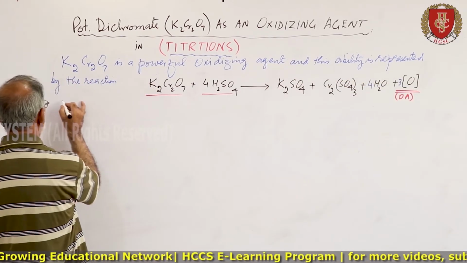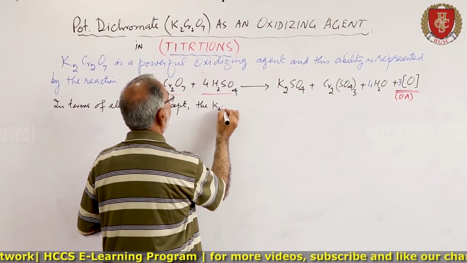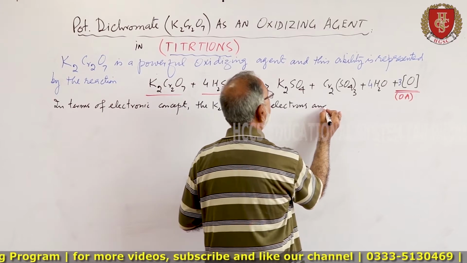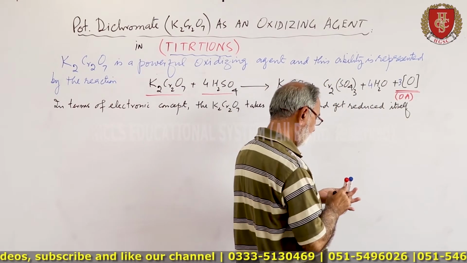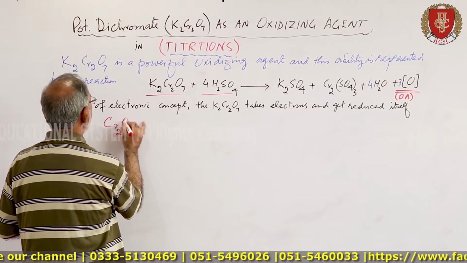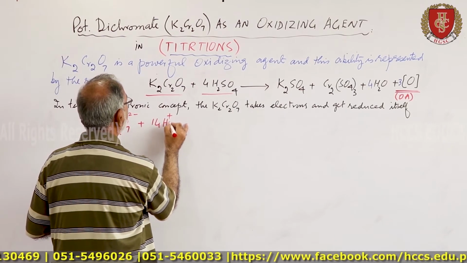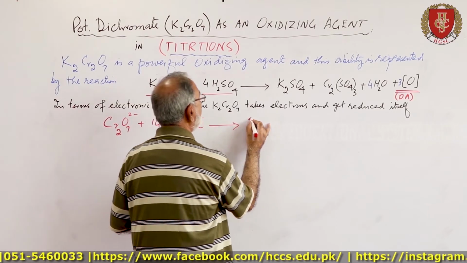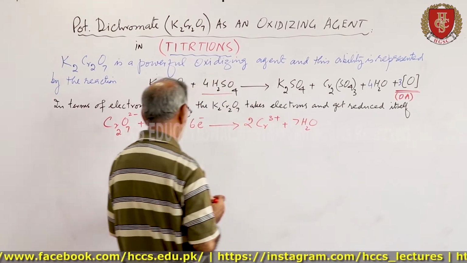In terms of electronic concept, K2Cr2O7 takes electrons and gets reduced itself, that is Cr2O7 2 minus plus 14H positive plus 6 electrons gives 2Cr3 plus plus 7H2O.